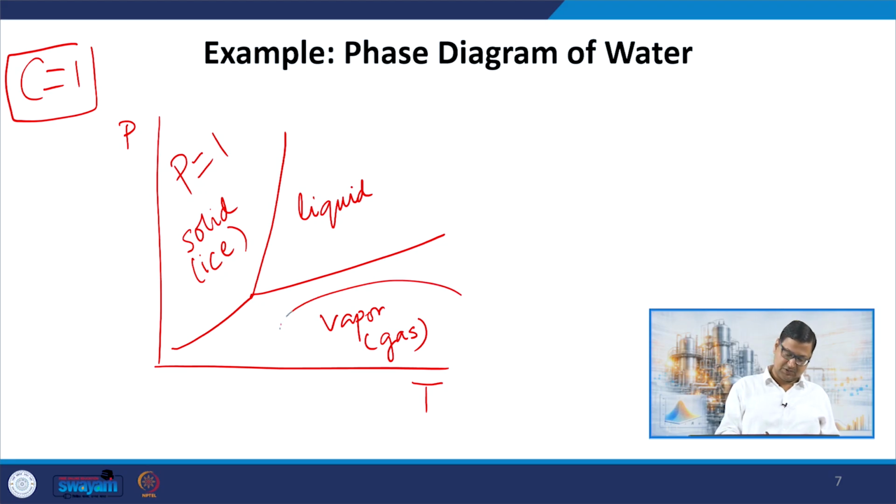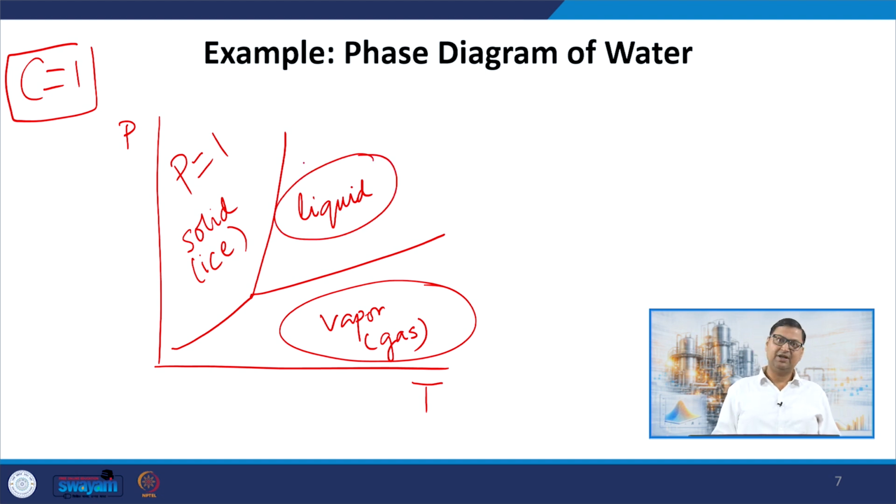So, a gas will actually form at lower pressures and high temperature, and liquid is somewhere here, right. So, when we have water as a liquid, in that case again P is equal to 1, and when we have water as a water vapor, that is gas, here also P is equal to 1.